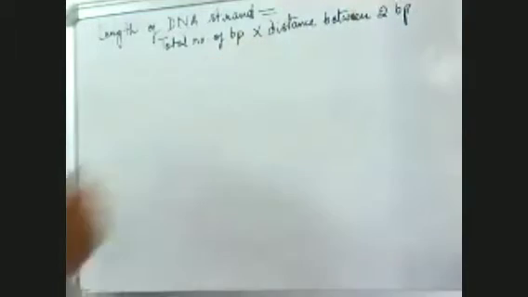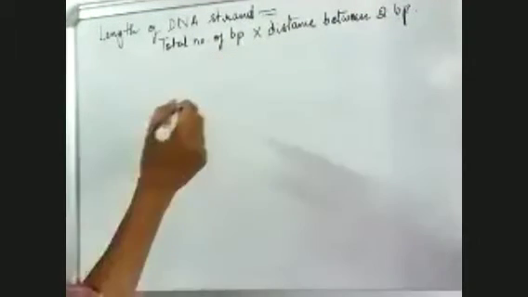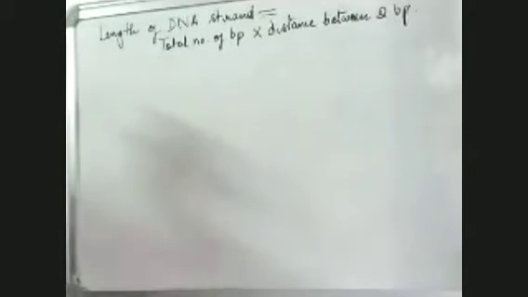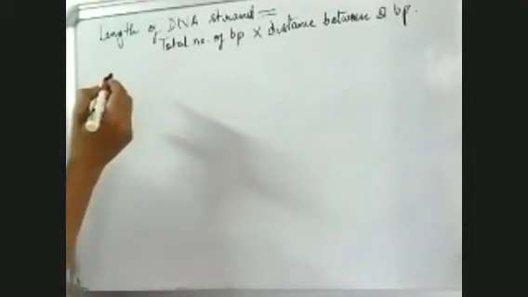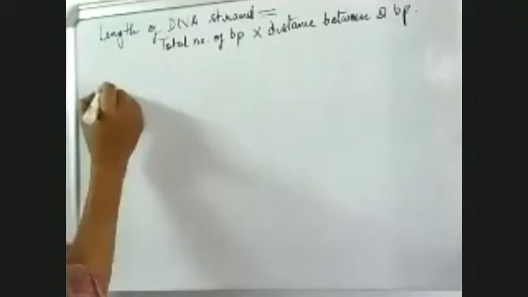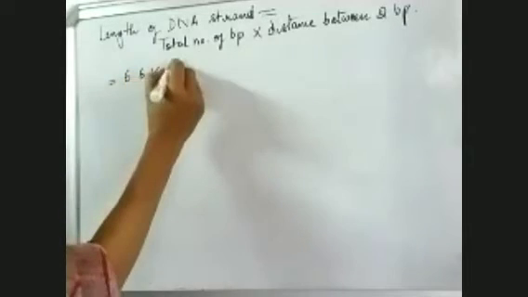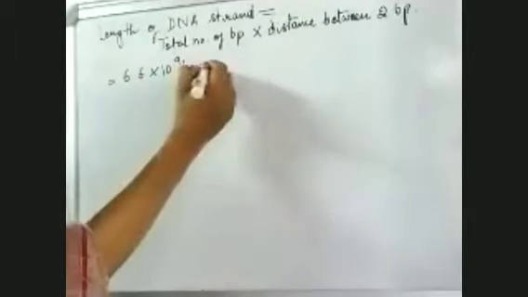So both the things you know: how many base pairs are there, and the distance between the two base pairs. Total number of base pairs in a diploid cell is 6.6 into 10 raised to power 9. So what do we get? 6.6 into 10 raised to power 9 base pairs. These are the number of base pairs in the diploid cell of a human being.